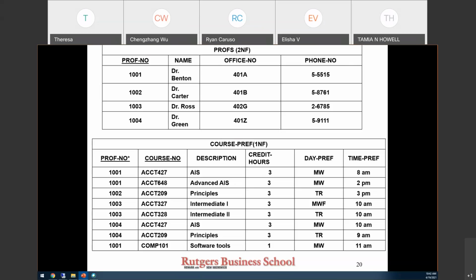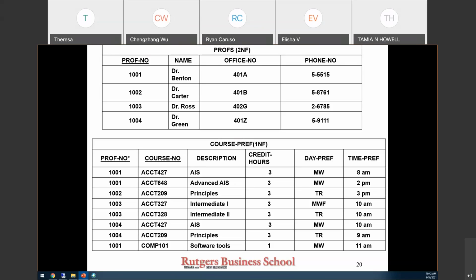Finally, let's consider the problems associated with deleting data. Let's assume that a particular course is taught by only one professor.